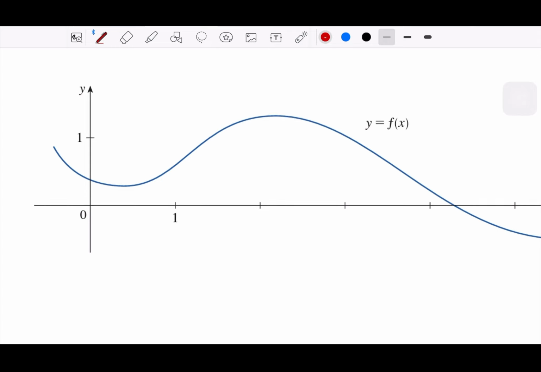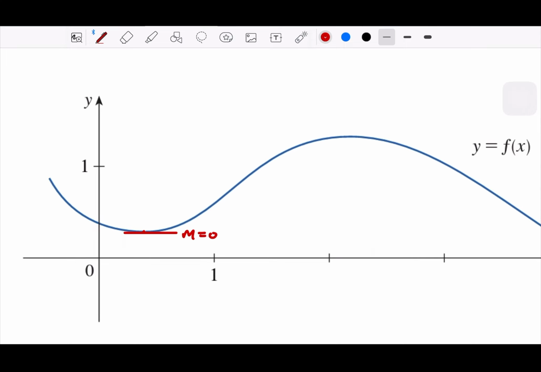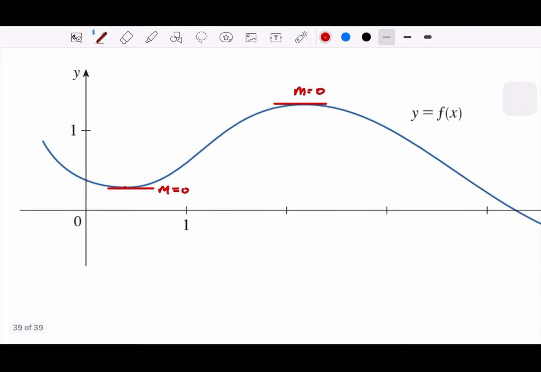So let me make some notes here that this will be m is 0, right? This also 0. And then what else? Yeah, I think these two first.